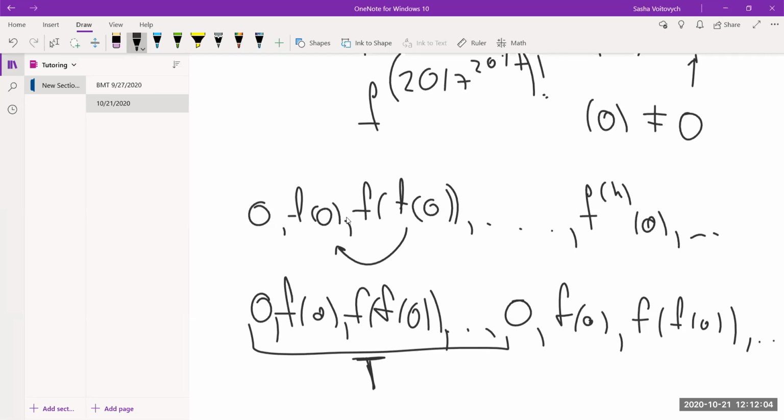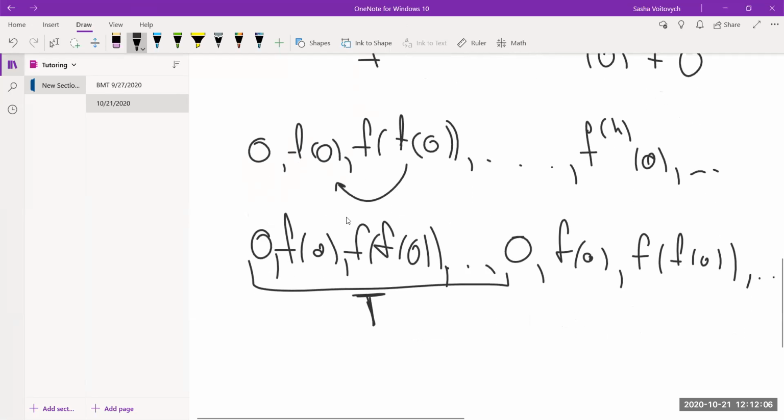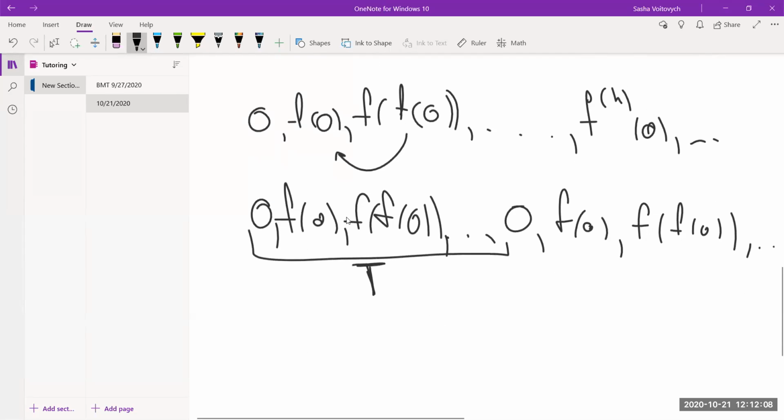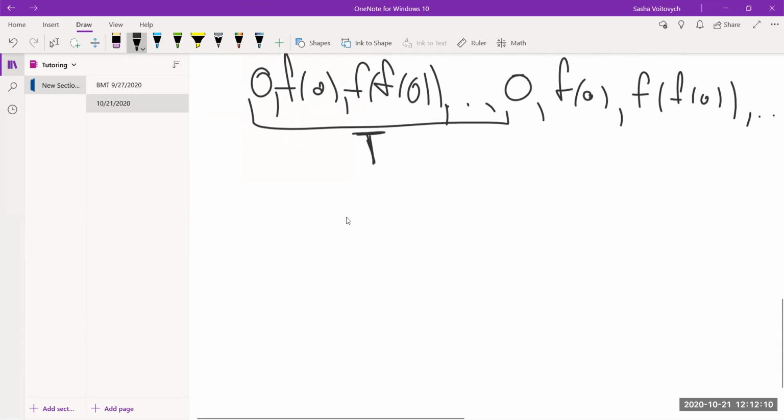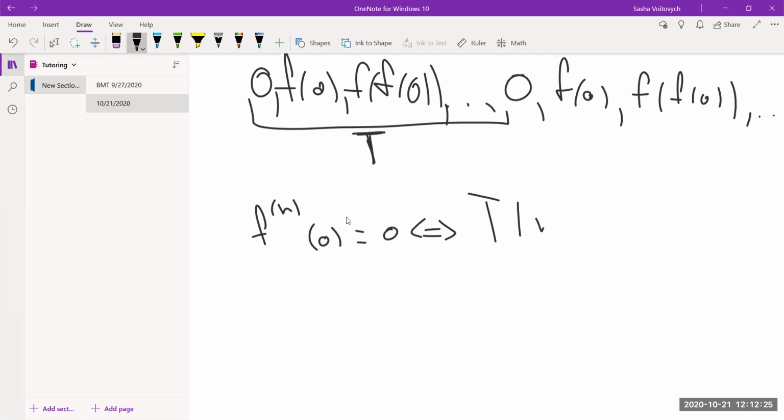Then we know that fn of 0 is equal to 0 is equivalent to t dividing n.